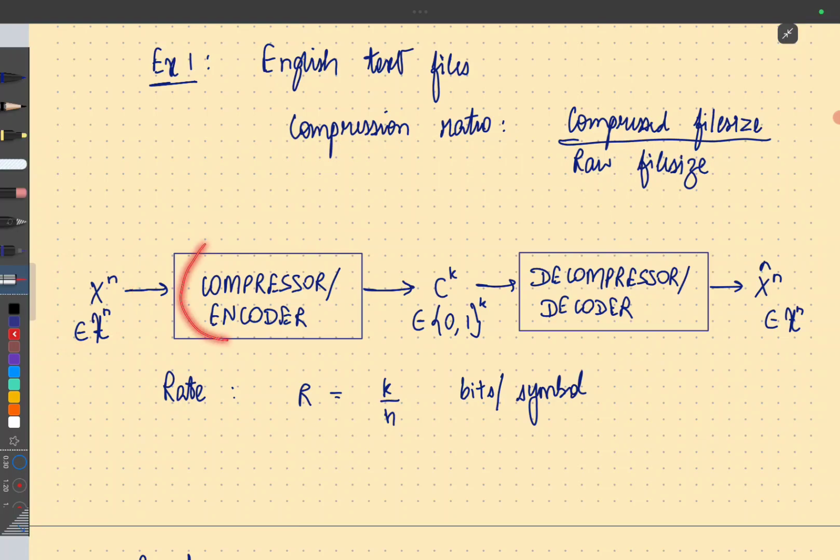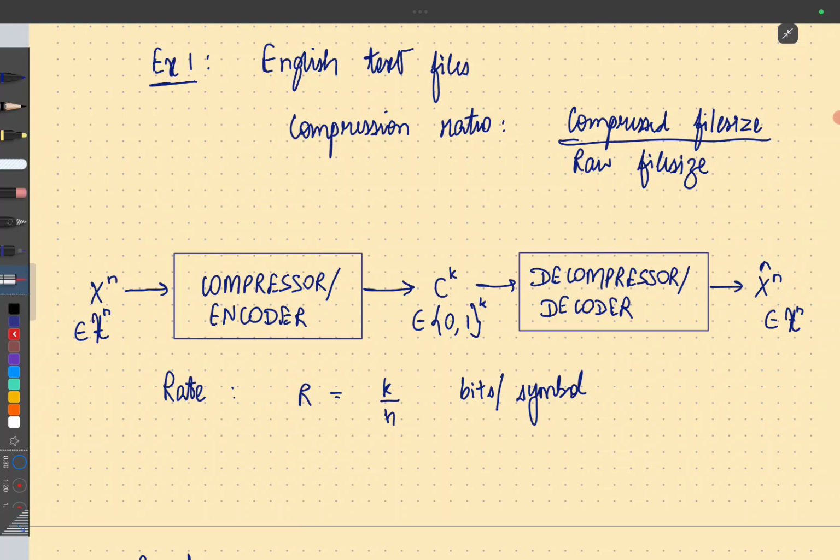The goal is to design two algorithms, a compressor and a decompressor, or an encoder and a decoder, which does the following. So the compressor takes this raw file as input and outputs a compressed file, which is a sequence of k bits. Okay? And the decompressor or the decoder takes this compressed file as input and outputs some file, which I call xn hat.